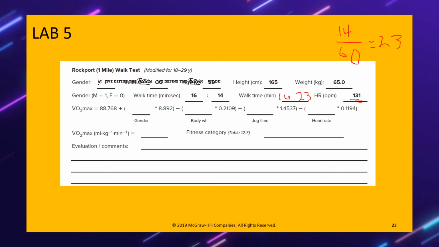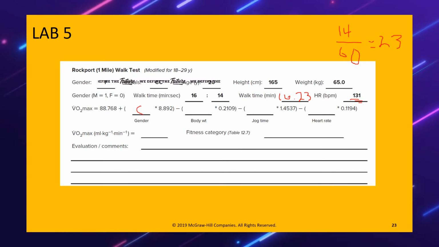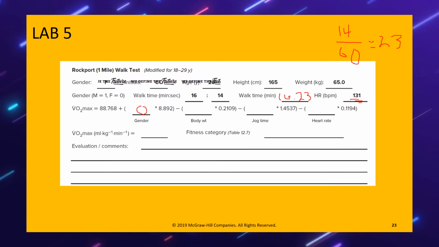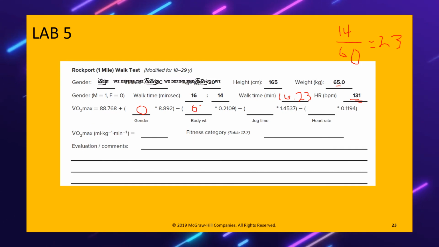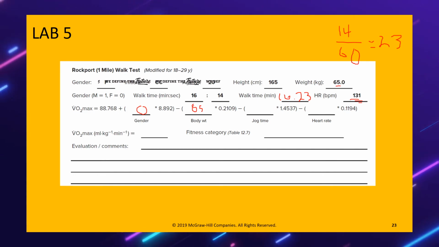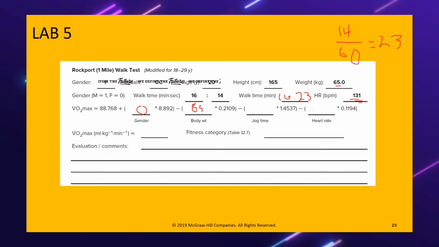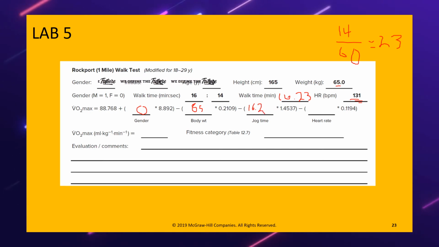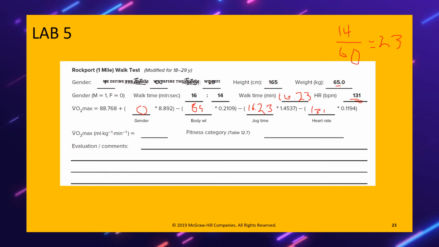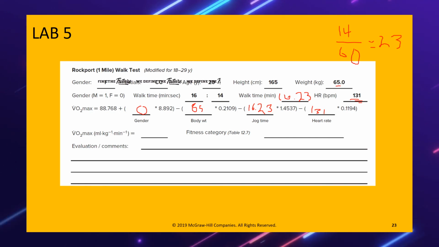So from there, we're going to just fill in, drop it in. So we have a 0. We have 65 kilograms, excuse me. Still thinking like an American. Our walk time is 16.23, and our heart rate is 131 beats. From there, we go ahead and we do our math.